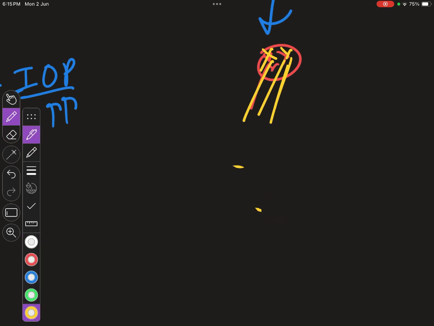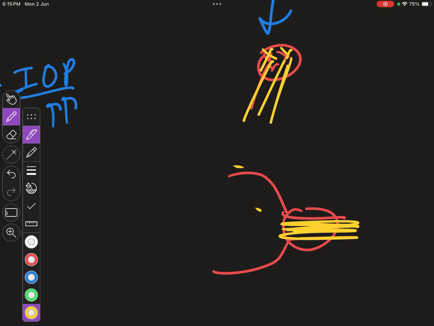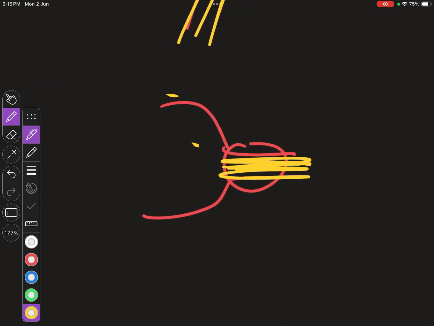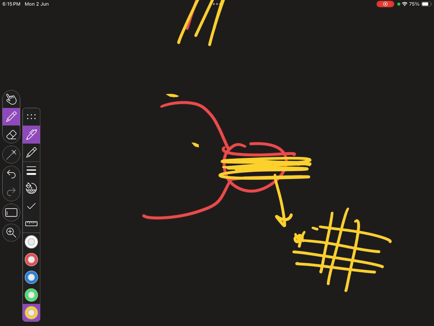If this is the eyeball, this is the posterior part of the eyeball, and this is the optic nerve which is exiting out, and this yellow represents the optic nerve fibers. So these are exiting out from the lamina cribrosa. Lamina cribrosa is a kind of mesh-like structure from which multiple fibers of the optic nerve are exiting out.